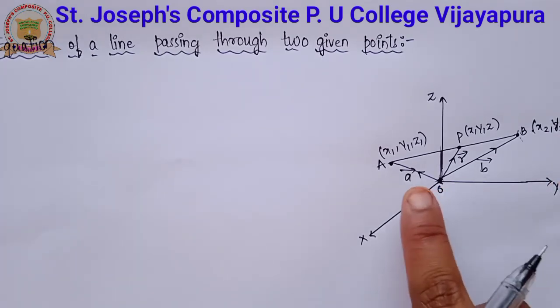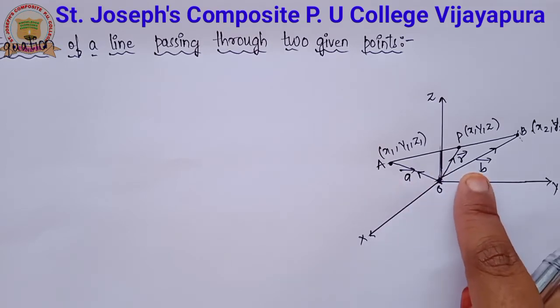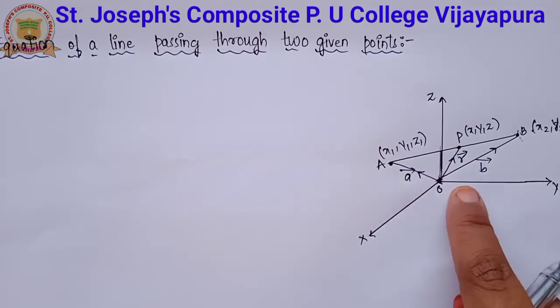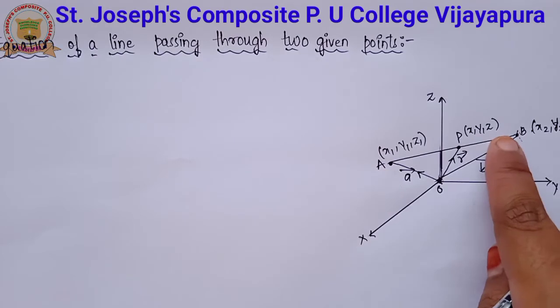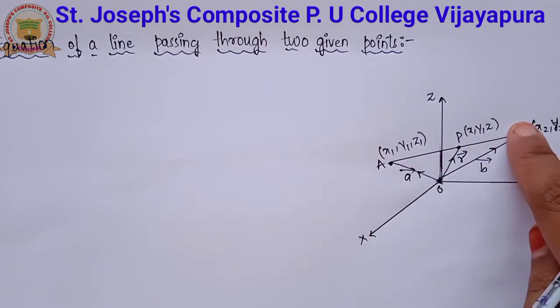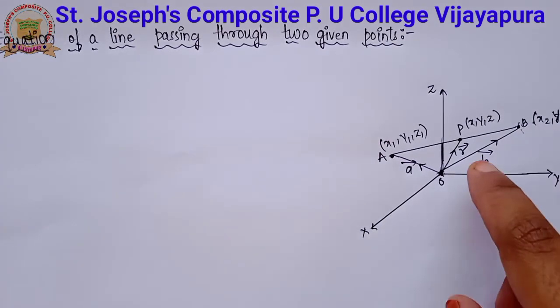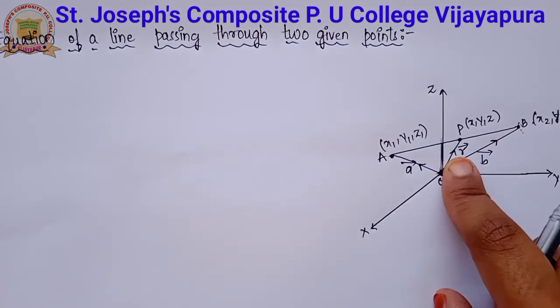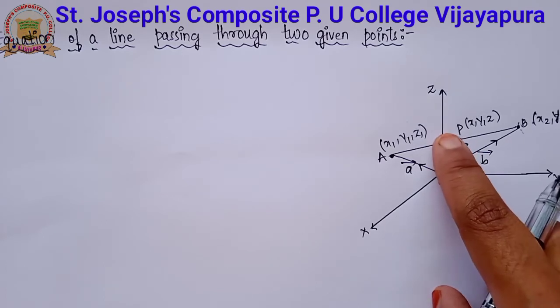Let vector A and vector B be the position vectors of two points A and B respectively that are lying on a line. Let R be the position vector of an arbitrary point P, x, y, z.